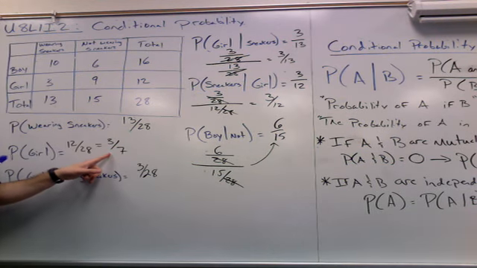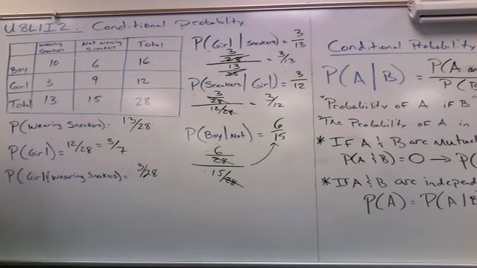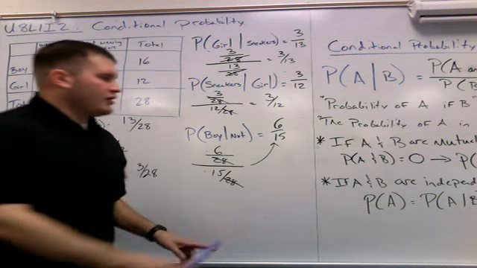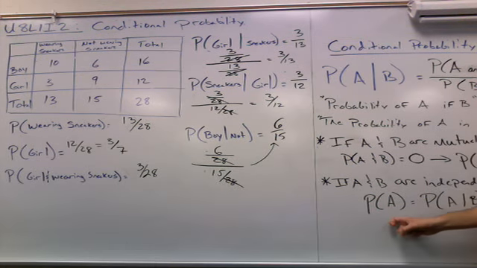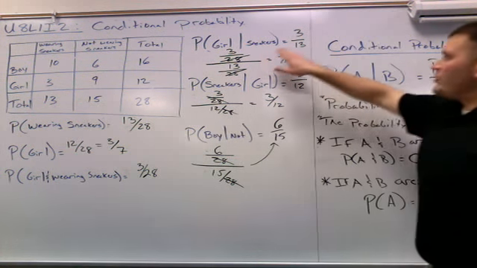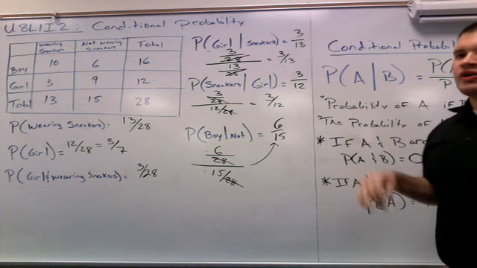No. So are they independent? No, because they don't equal. 3 over 7 does not equal 3 over 13, so they're not independent. Here I have probability of girl. Here I have probability of girl if sneakers. Are they equal? No. So it's not independent.